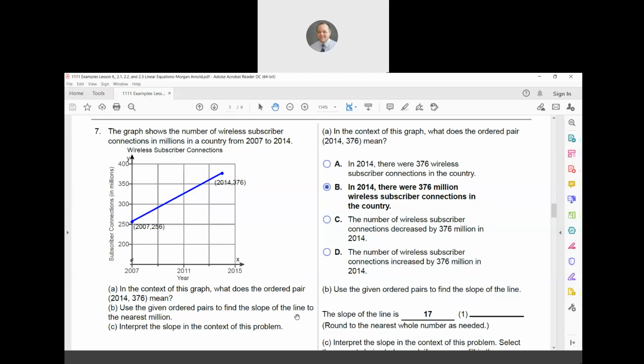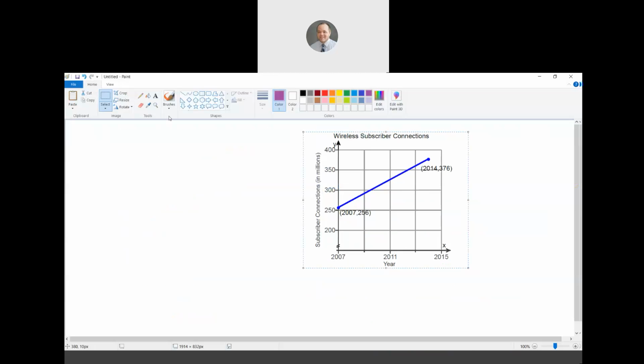Now let me copy and paste part of our graph, and we'll bring it over to the whiteboard so we can calculate the slope. All right, let's calculate the slope.